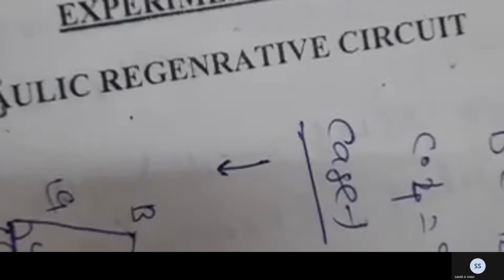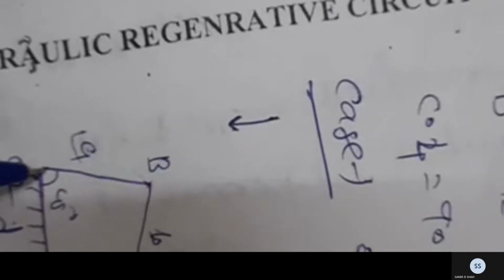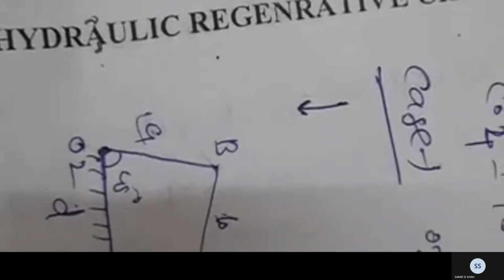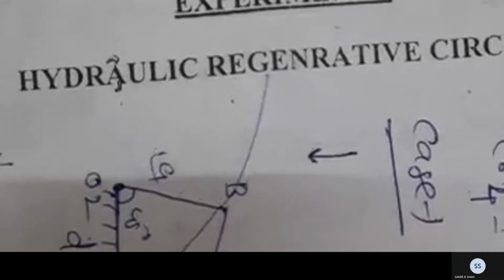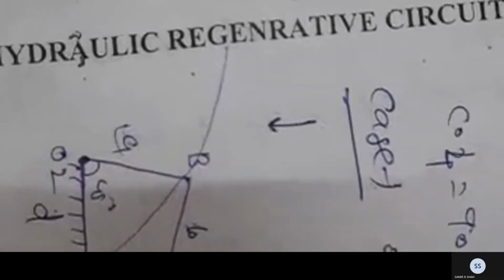For that, take O2 as the center, and O2O4 as the radius, and draw an arc from B. No need to start from here.